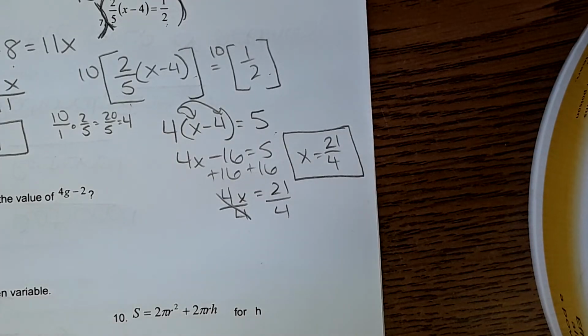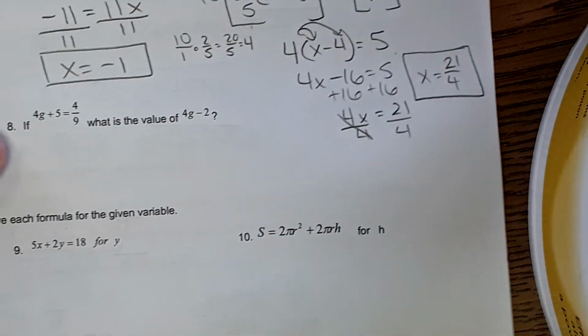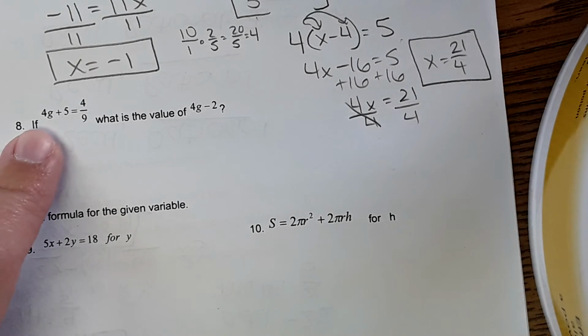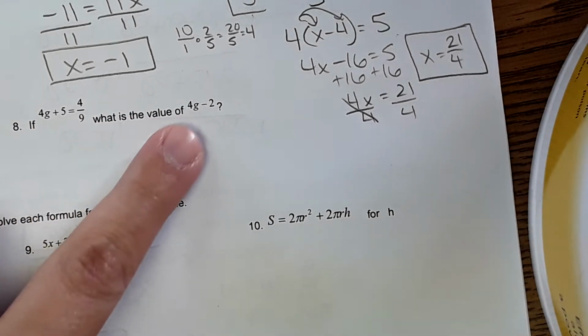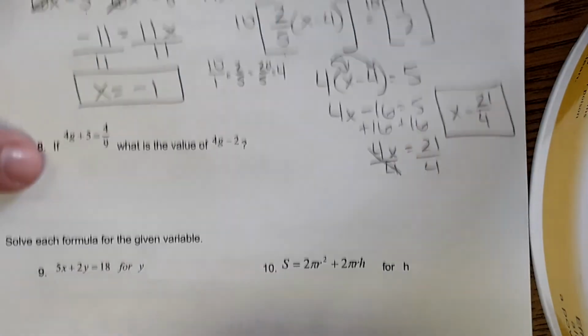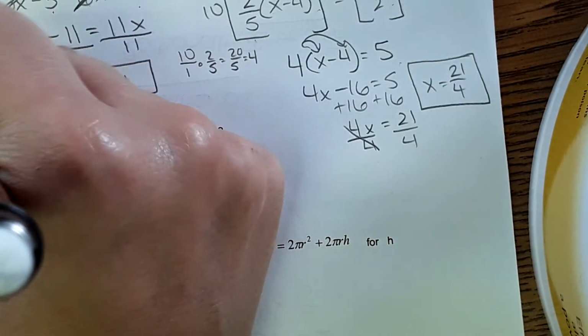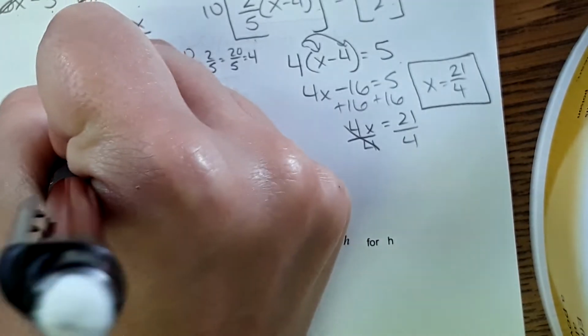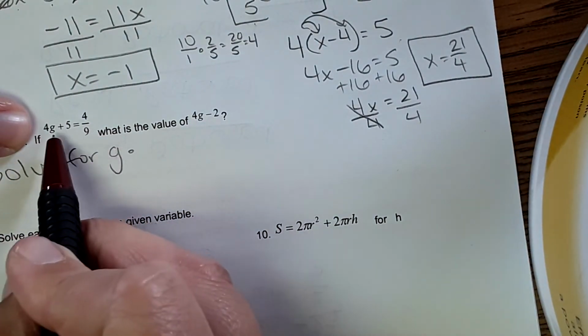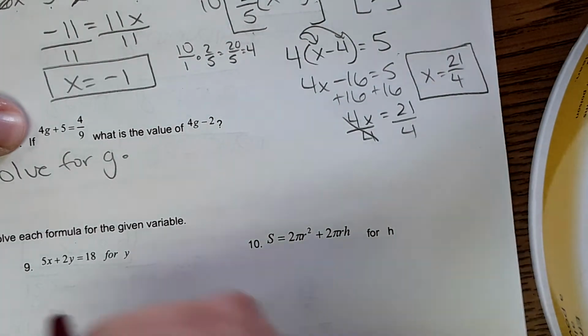Okay, number 8. Looking at this problem, it says if 4g plus 5 equals 4/9, what is the value of 4g minus 2? So what we would do for this problem, and just write this down, you would solve for g. So you would take this, you would solve it all for g, so you got g equals a number.